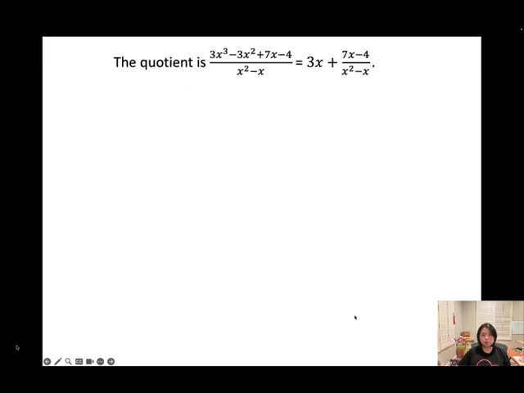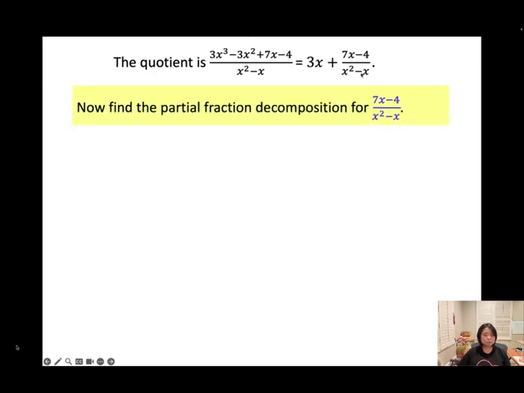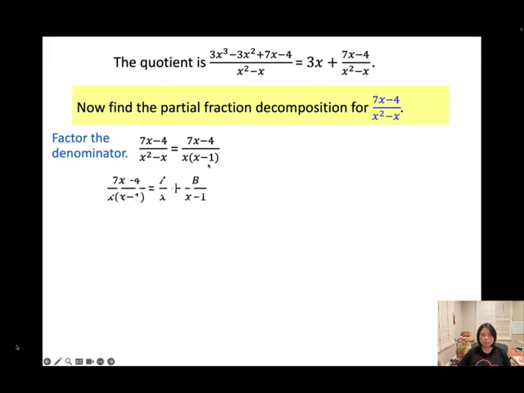For this one, first, in the denominator, we can factor out the x, and we're left with x minus 1. And then we're going to use case 1, right? We make it equal to A over x plus B over x minus 1. Get the same denominator.